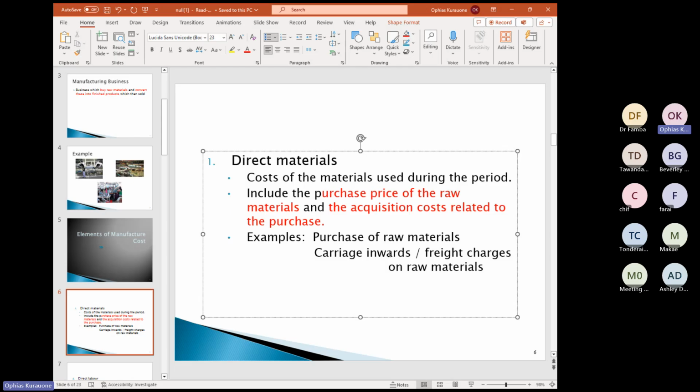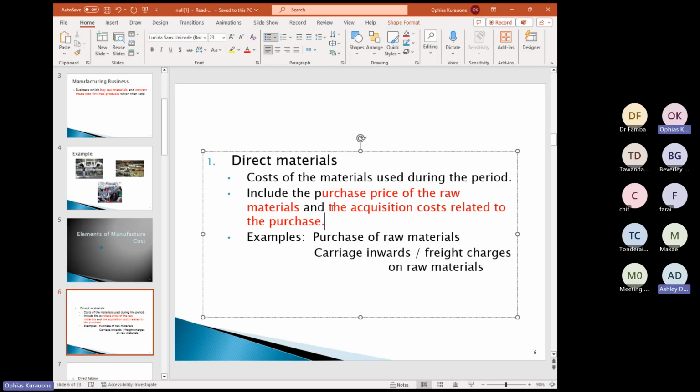So our direct material consists of the purchase price, the amount which is paid to the supplier, and also the amount which you pay to bring that asset to its location, or to bring the asset into a usable form.